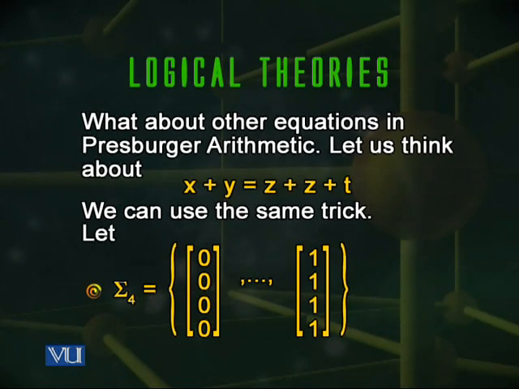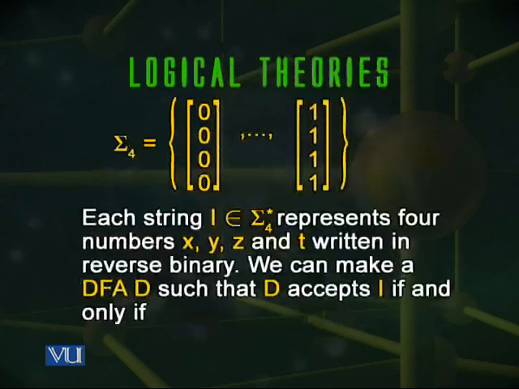Each character can be thought of as a column of size 4, and we place all possible zeros and ones in it. So there will be 2 to the 4 characters in this alphabet. Once we look at a string I over sigma 4 star, that naturally represents 4 numbers x, y, z, and t written in binary or reverse binary.